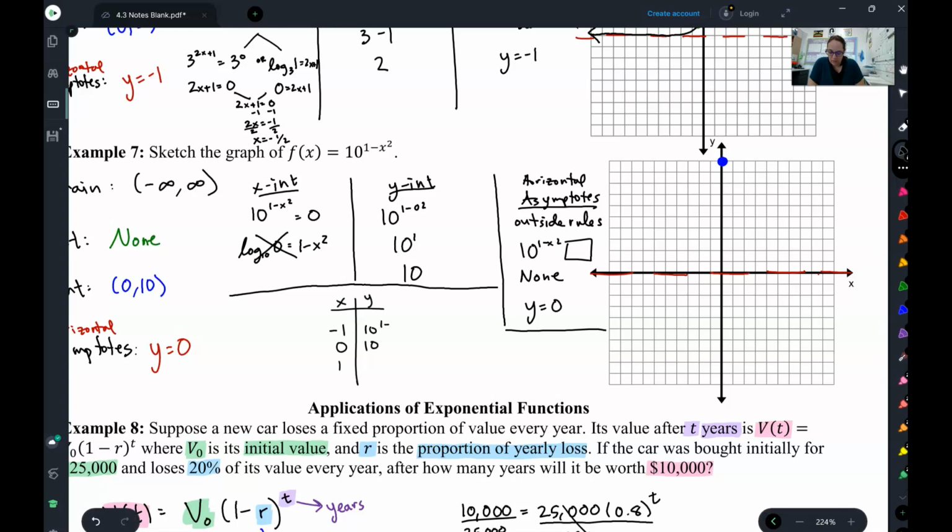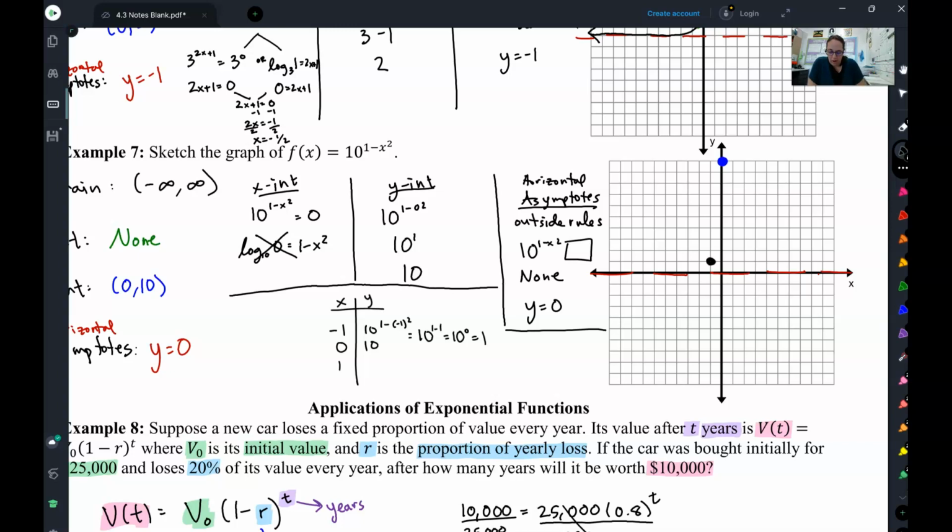So 10 to the 1 minus negative 1 squared equals 10 to the 1 minus 1, which is 10 to the 0, which equals 1. So I'm going to graph the point (negative 1, 1). Now, you might be tempted to say, hey, look, there's my hockey stick, and draw it and be done. But be very careful.